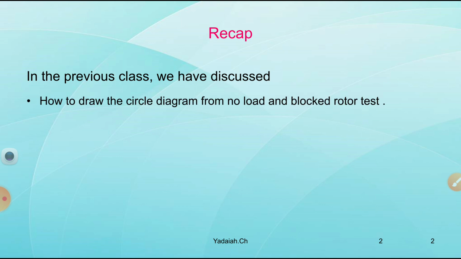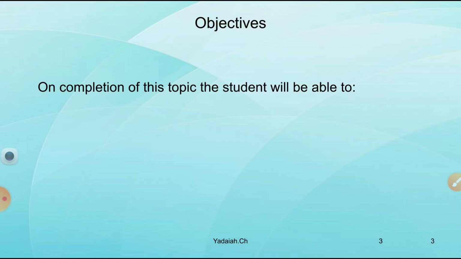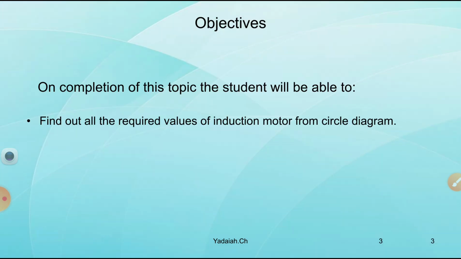In previous classes we discussed how to draw the circle diagram from the no load and blocked rotor tests, and draw the performance curves of induction motors. Today's objective is that on completion of this topic, the student will be able to find all the required values of the induction motor from the circle diagram.